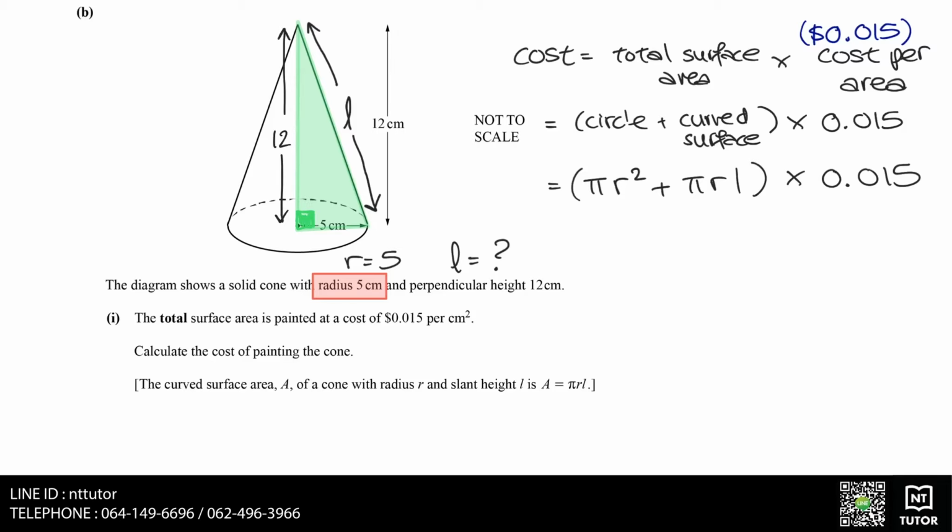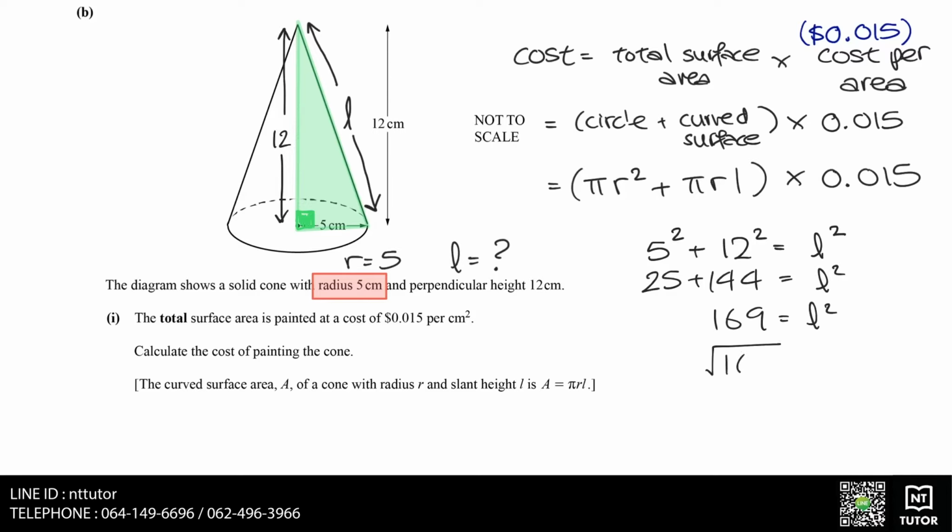This means that your slant height would be the hypotenuse of the right-angled triangle, and we can use Pythagoras to find out L. From Pythagoras, 5 squared plus 12 squared must equal L squared, and we can use this to solve for L. And once we have the value of L, we have everything we need to calculate the cost of painting the cone.